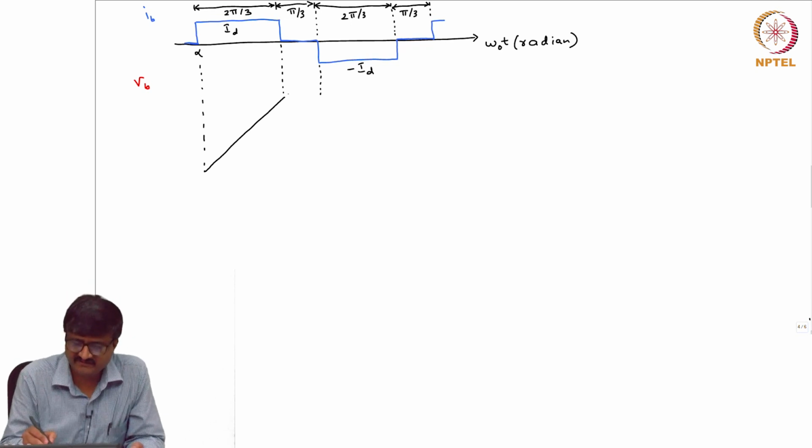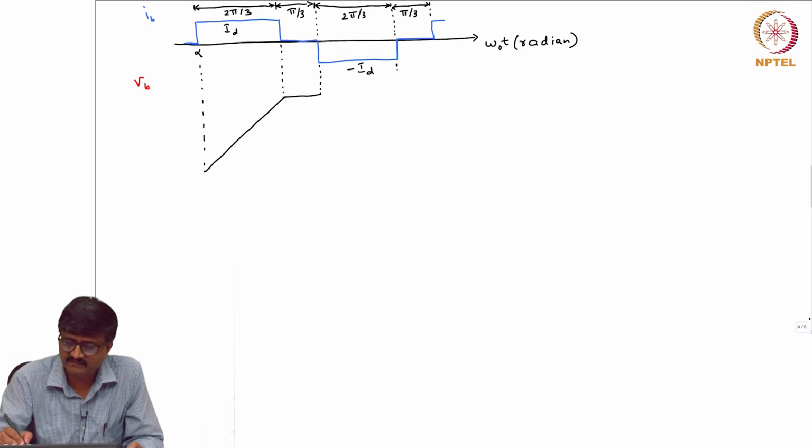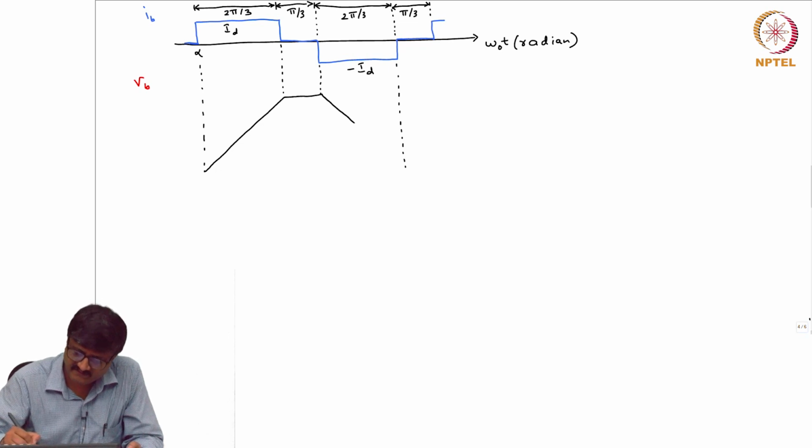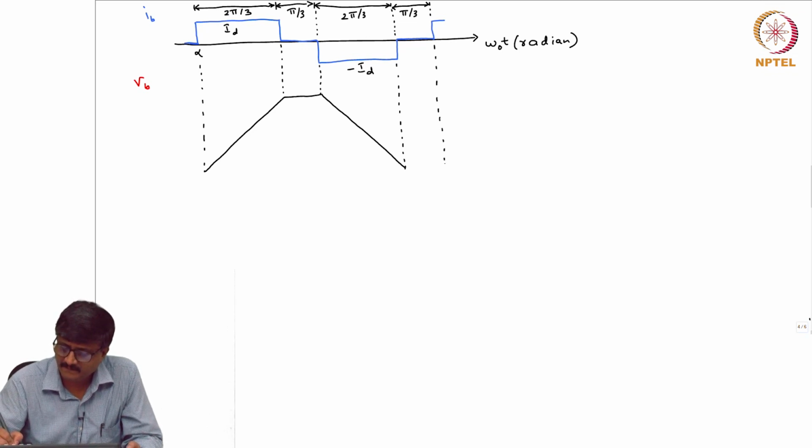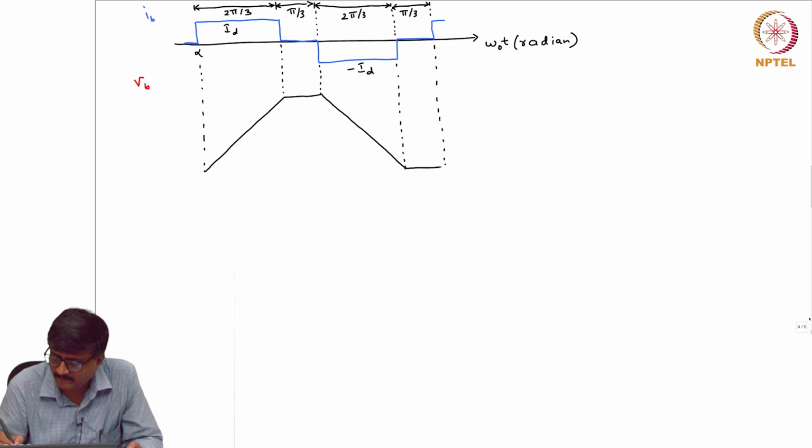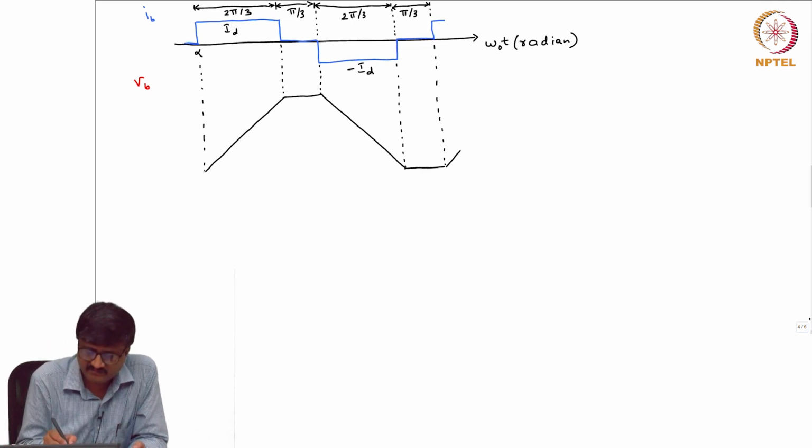So, it increases linearly, remains constant for 60 degrees, then for the next 120 degrees it decreases linearly, then again remains constant. Then the cycle repeats, it again starts increasing.